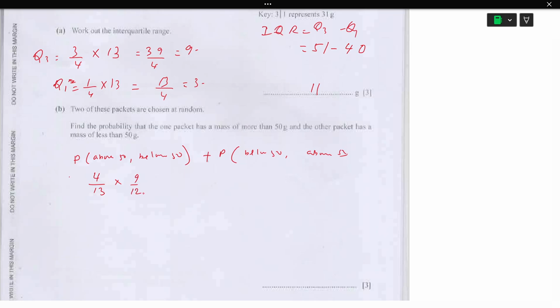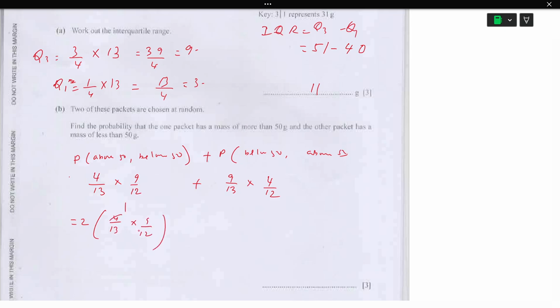Already we took one, so only 12 will be left. Plus first below 50, which is 9 by 13 times 4 by 12, because already we took one.